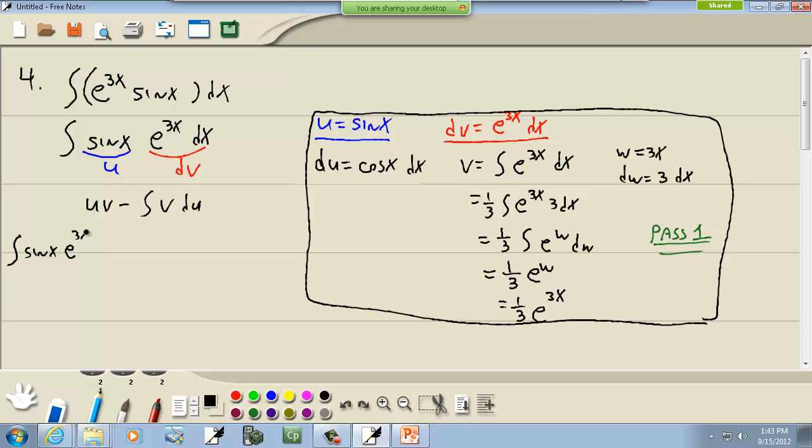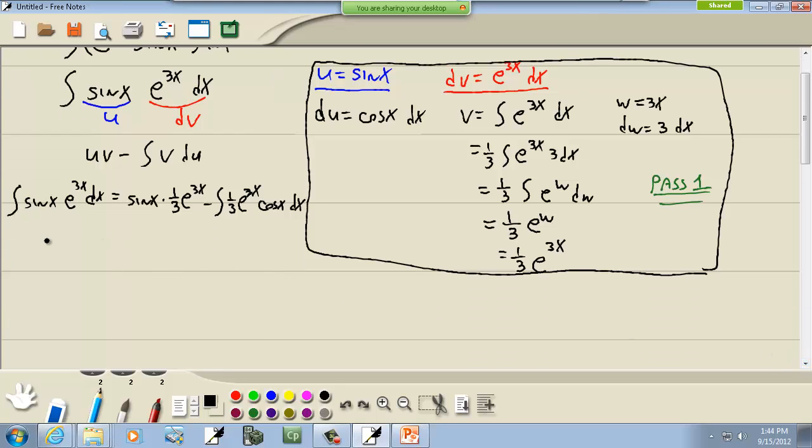The integral of sine x e to the 3x dx is equal to u, which was sine x, times v, which was 1/3 e to the 3x, minus the integral of v, which is 1/3 e to the 3x, times du, which was cosine x dx. I won't squeeze it in that tight again. It helps to actually be able to see these.